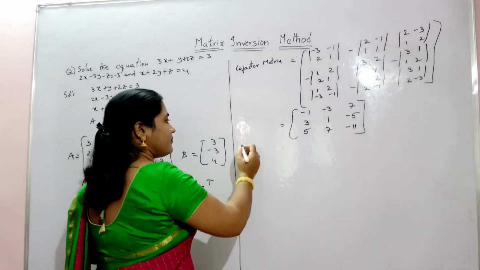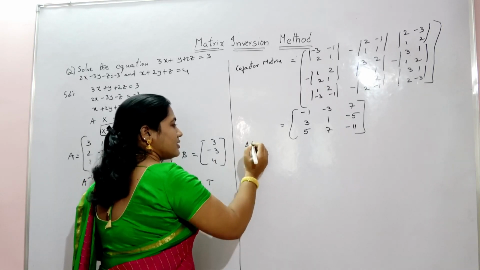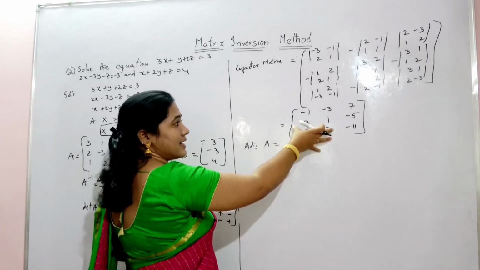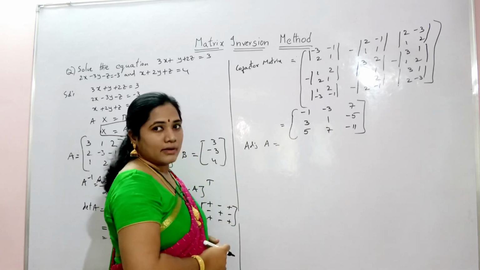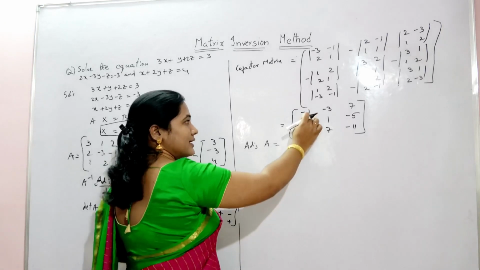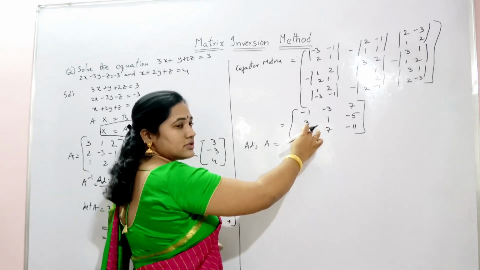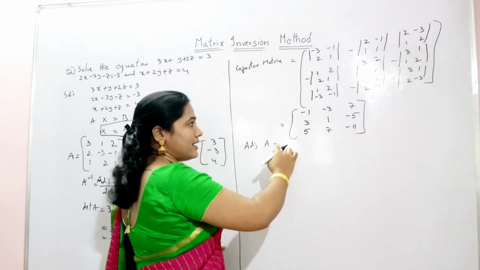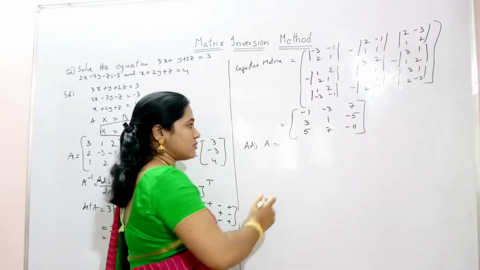So then the adjoint of matrix A. The adjoint of matrix A is the transpose of the cofactor matrix. Transpose means interchanging the rows and the columns. So the first row becomes the first column and the first column becomes the first row.